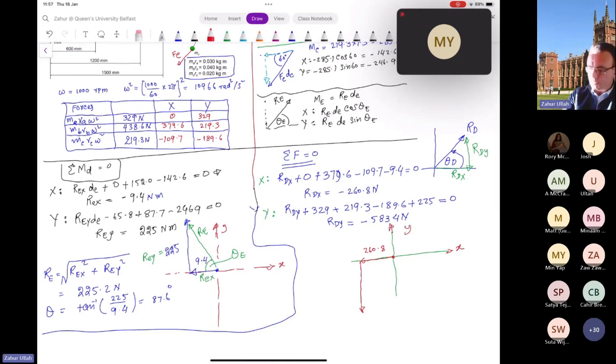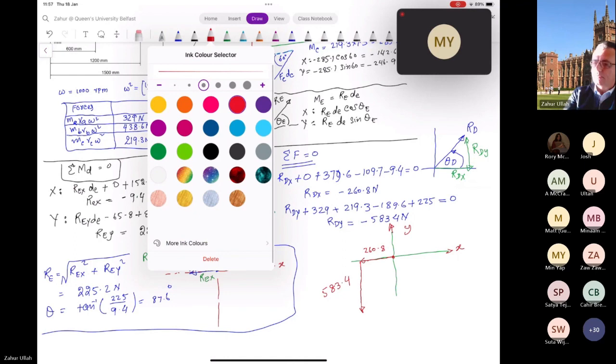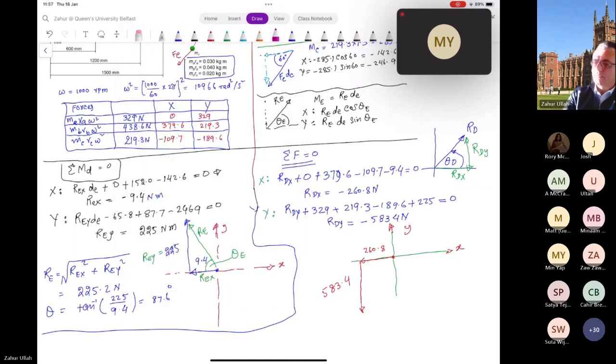So these should be in the opposite direction. This should be 583.4. And then the resultant should be this one here. So this should be our RD, and this should be our theta D.